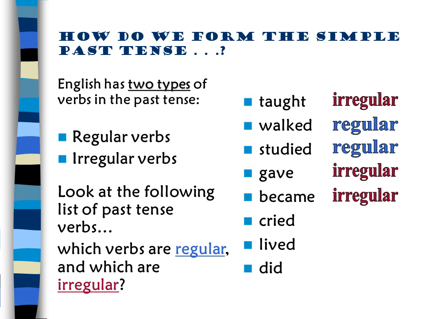The verb become, the past is became, irregular verb. The verb cry, the past is cried, so it's regular. Live is also regular. You can see the ending, ed, ended, is regular.